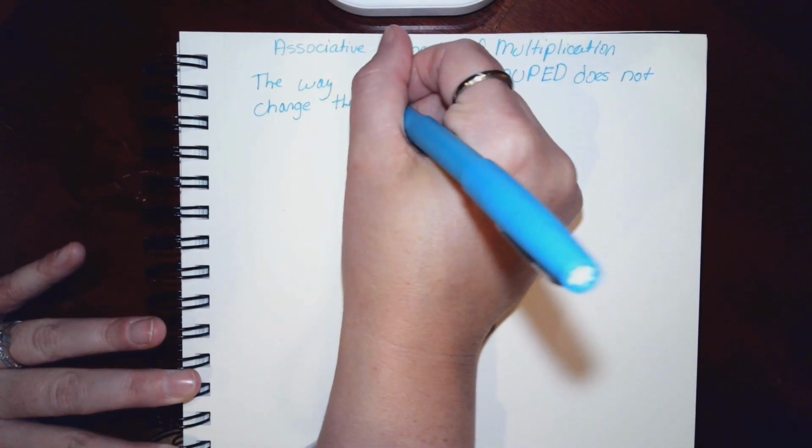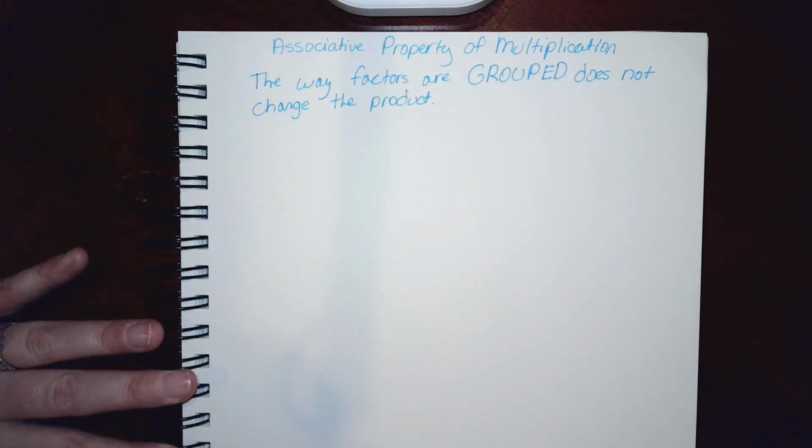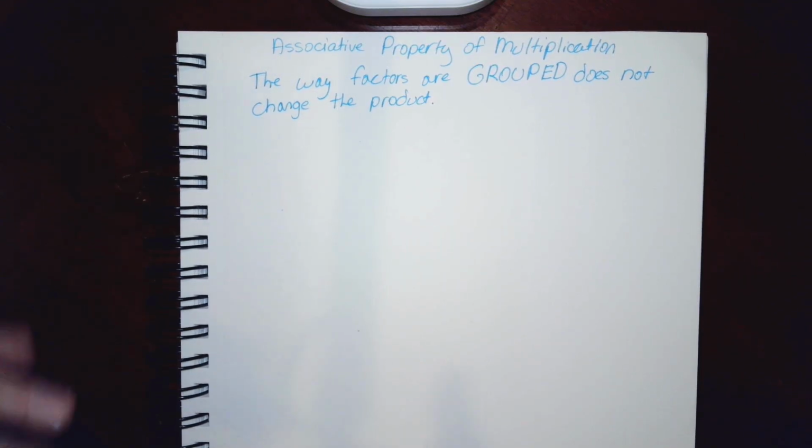We also focused on the associative property when we were doing addition. And there it was the same definition, it was just the way the addends are grouped does not change the sum.